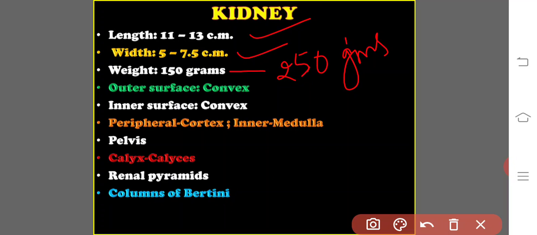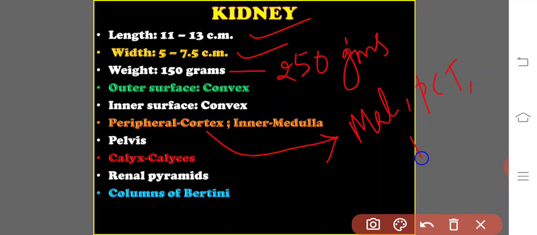It contains the Malpighian bodies, Malpighian corpuscles, and the PCT, proximal convoluted tubule, and DCT, distal convoluted tubule, of the nephrons.